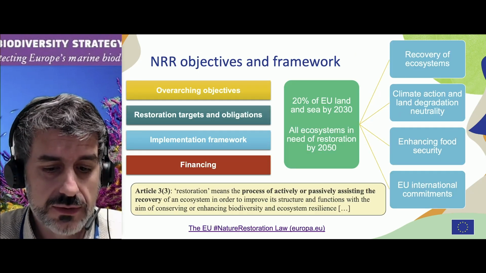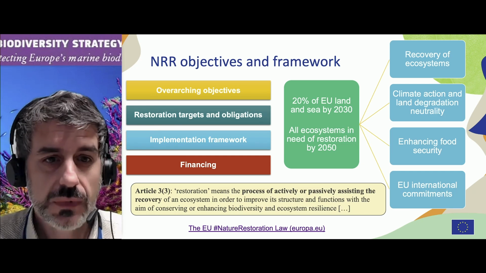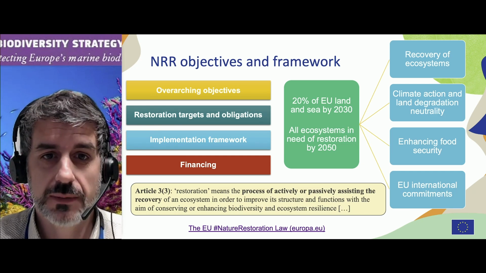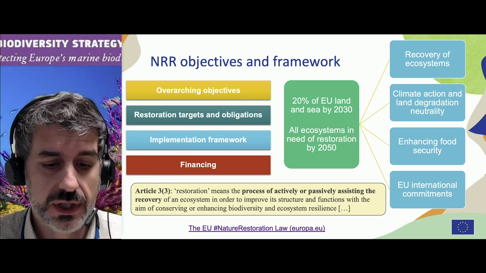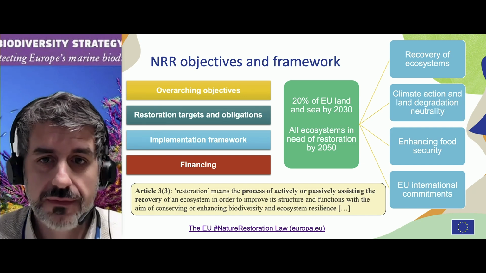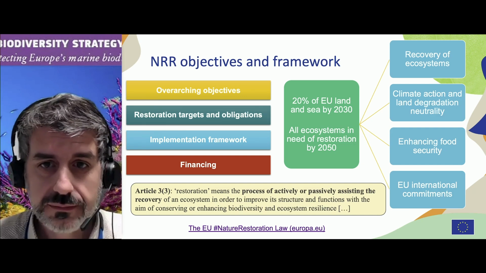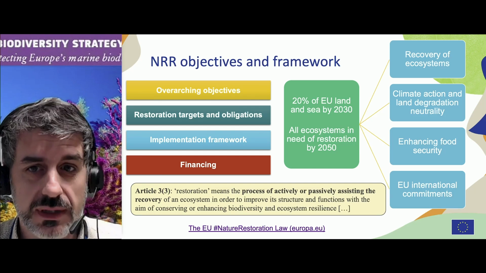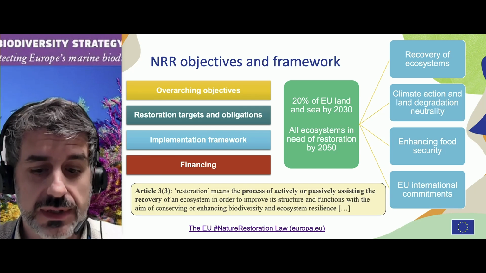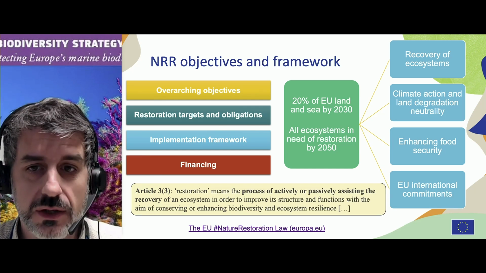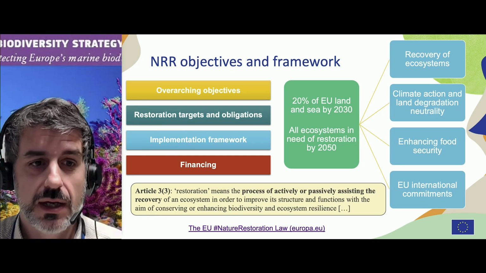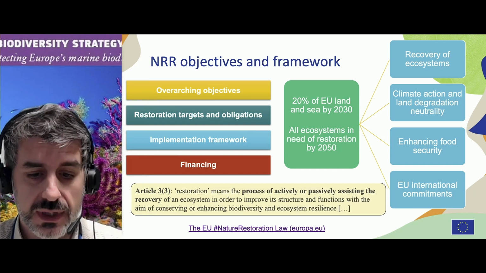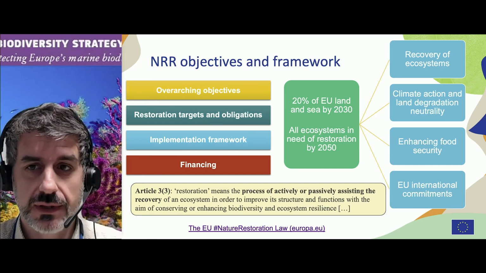Now, on the next slide, I will try to explain briefly the main objectives and framework for implementation of this law. First, there is an overarching objective, and that is to have in place by 2030 restoration measures which would cover 20% of EU land and 20% of EU seas. That's an overarching EU objective. And to have all ecosystems in need of restoration covered by restoration measures by 2050.